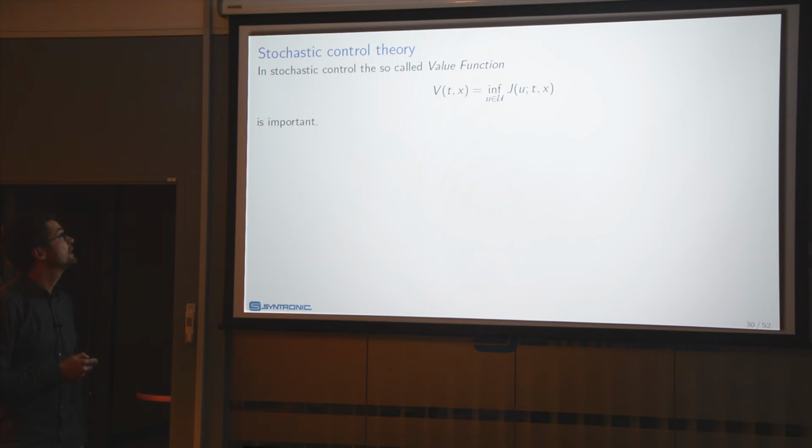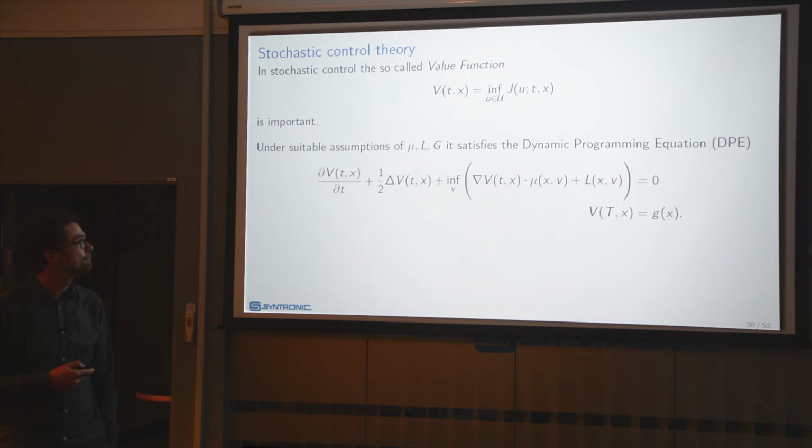So in the part of stochastic control theory known as dynamic programming, the value function is important. Under certain assumptions on the coefficients of the equation, the running cost and the terminal cost, it satisfies the dynamic programming equation, which is a second order PDE with this odd looking infimum in it.